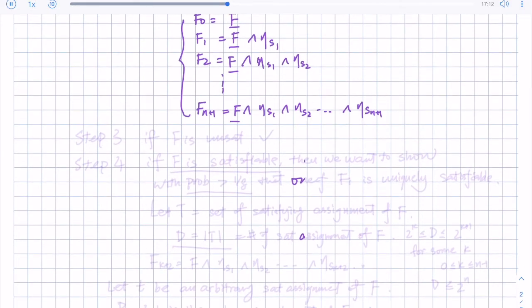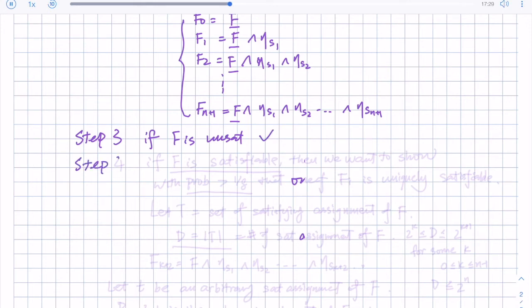So we have step 3: if F is unsatisfiable, that's solved.